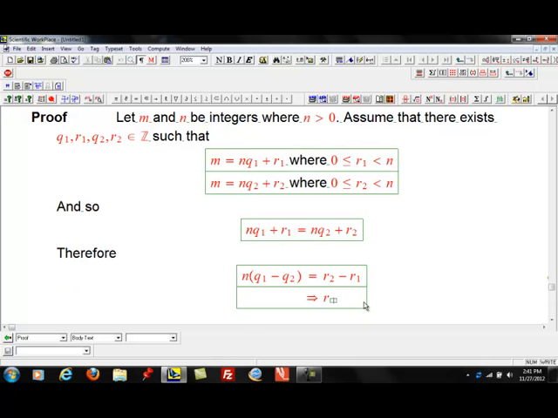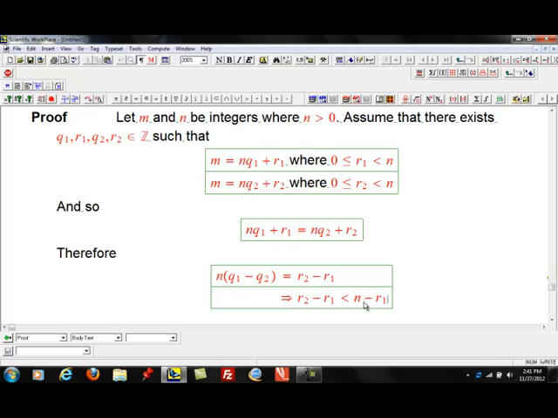So this is going to be less than, in fact, strictly less than n minus r1. But what do I know about r1? It's smaller than n.